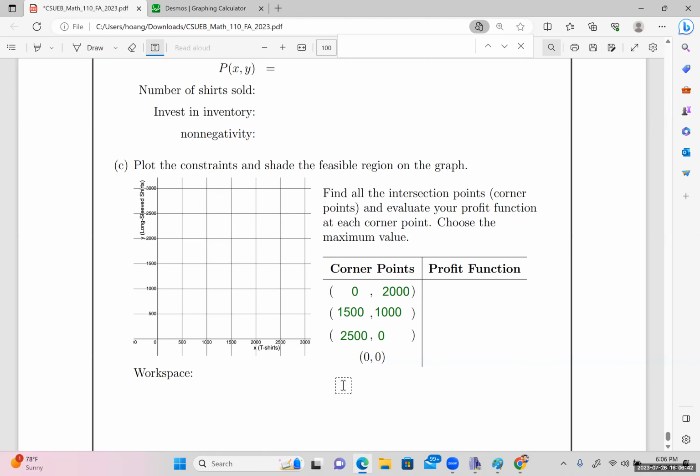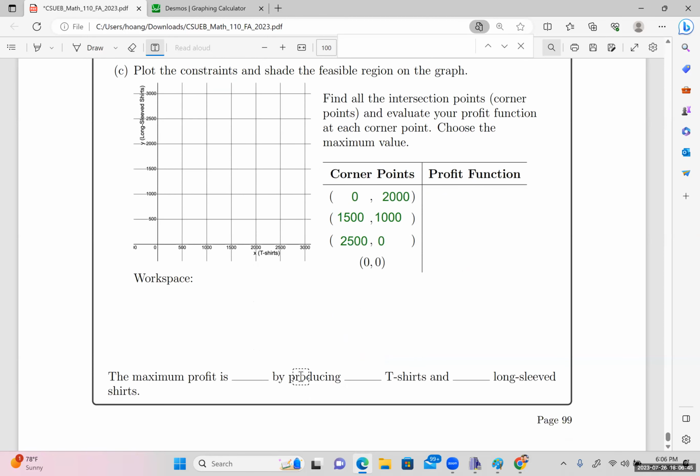Try to get the profit function, and the answer key will be 6,750 by producing how many t-shirts? 1,500 t-shirts and 1,000 long sleeves. I also want to talk about this in class if I have a chance. Okay.